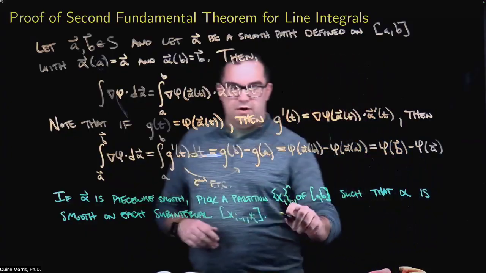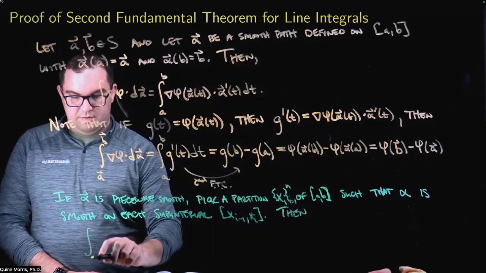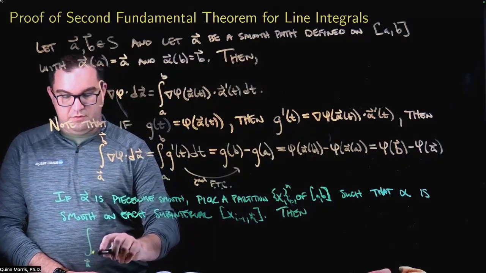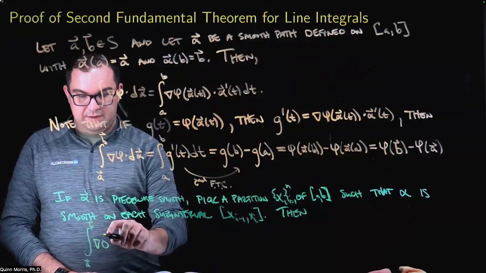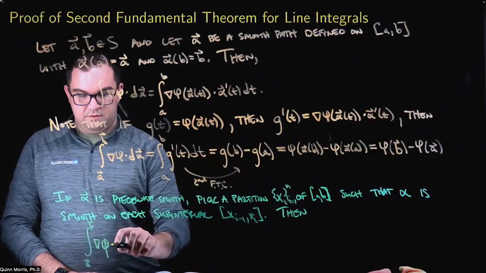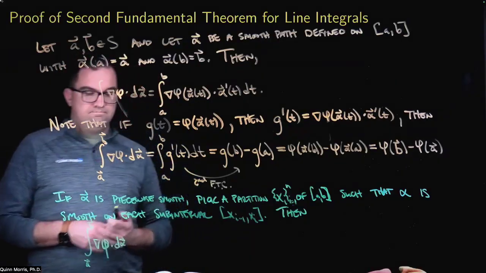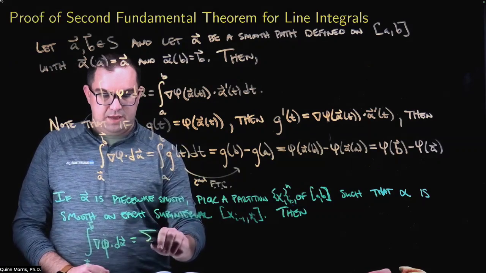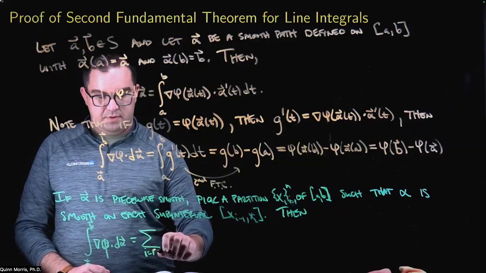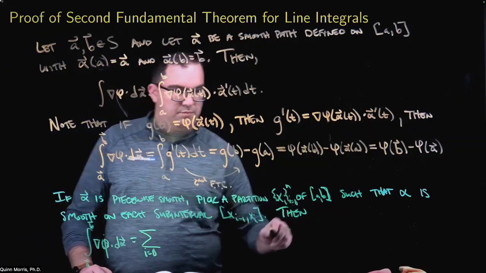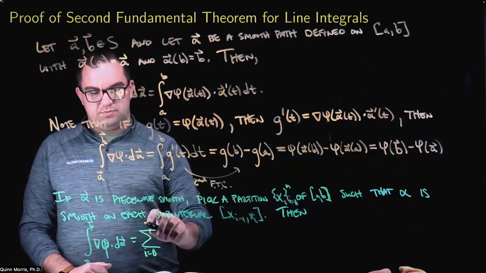Well, then, if I want to calculate the line integral from a to b of the gradient of psi d alpha, then I can just break this up and do the integral on each piece. So the sum, and sorry, partitions are indexed starting at 0, x_0 is equal to a, x_n is equal to b.